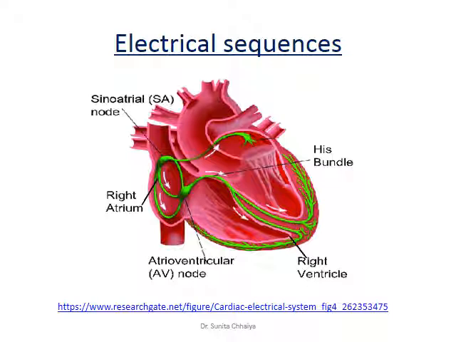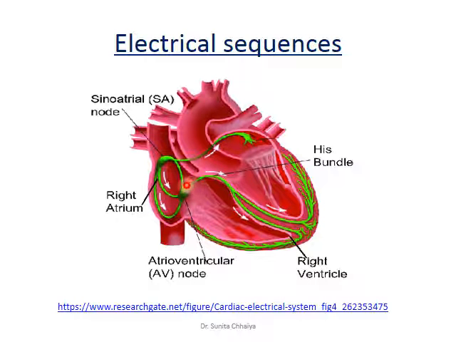Now, how is an electrical impulse formed in pacemaker tissue and transmitted towards non-pacemaker tissue? The electrical sequence generated in the heart is as follows: the impulse which is formed in the SA node spreads throughout the atria and stimulates the atrial tissue, and then it reaches the AV node.